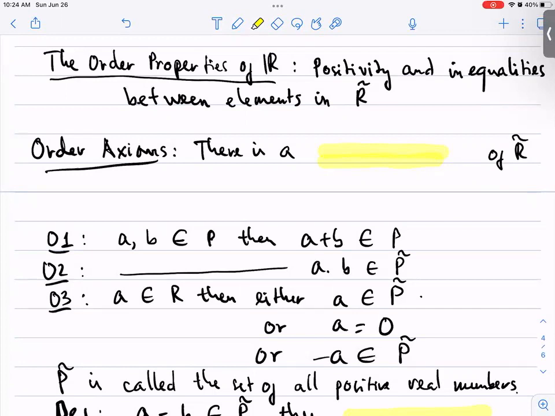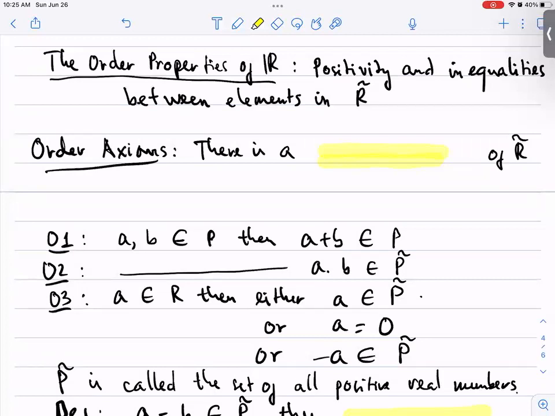Again, the general approach is that we're gonna start with some axioms and properties, then using these axioms and properties, we deduce other theorems about the set of real numbers.